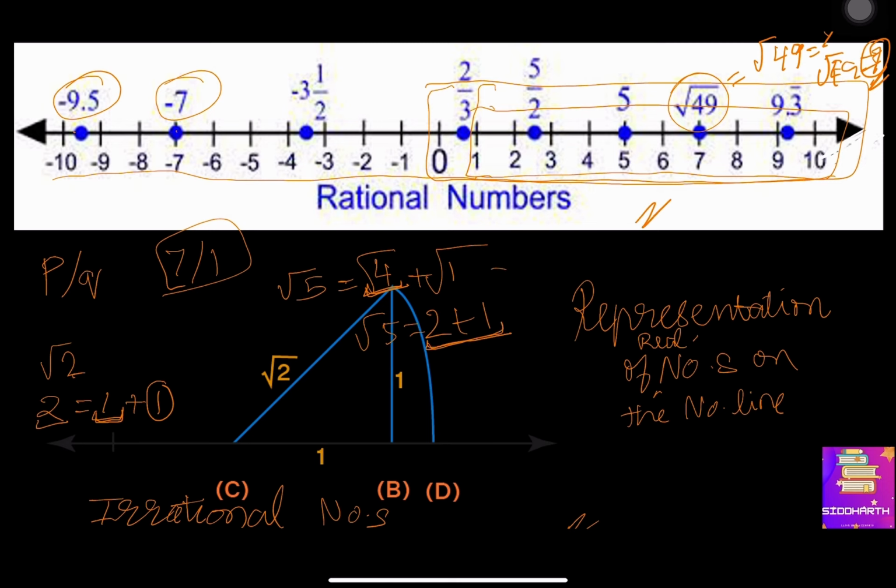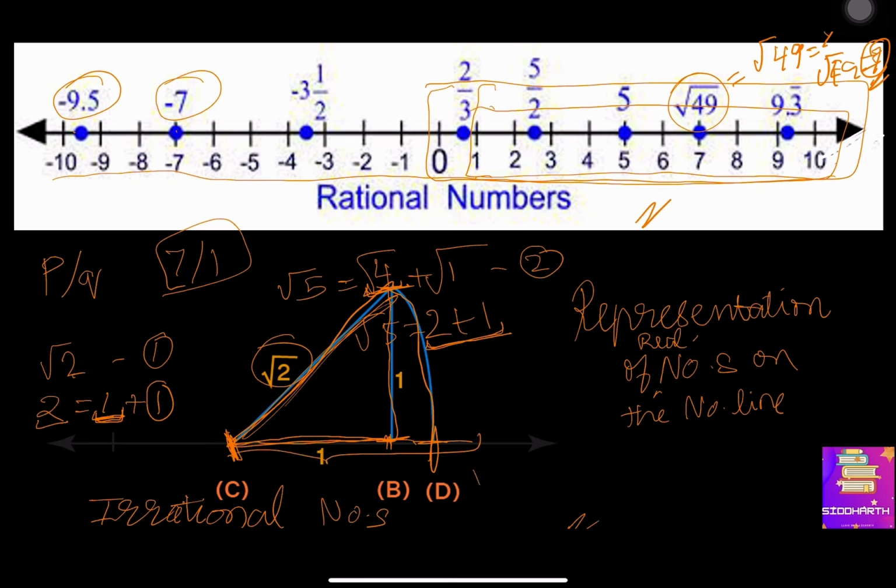Now let's discuss this first. Mark 1 here and 1 here. In the triangle formed, the hypotenuse will be root 2. Take a compass, mark the point here and cut an arc such that it intersects. This whole length is root 2.